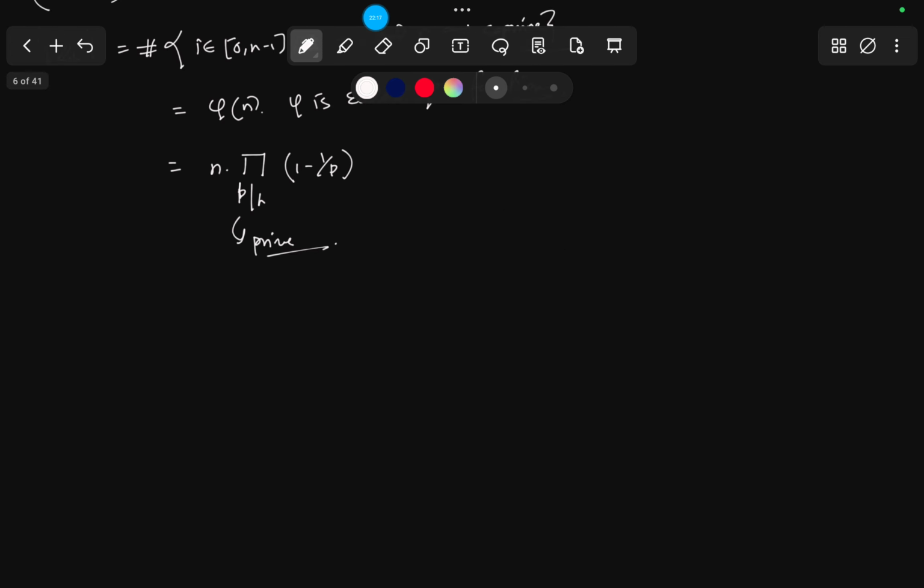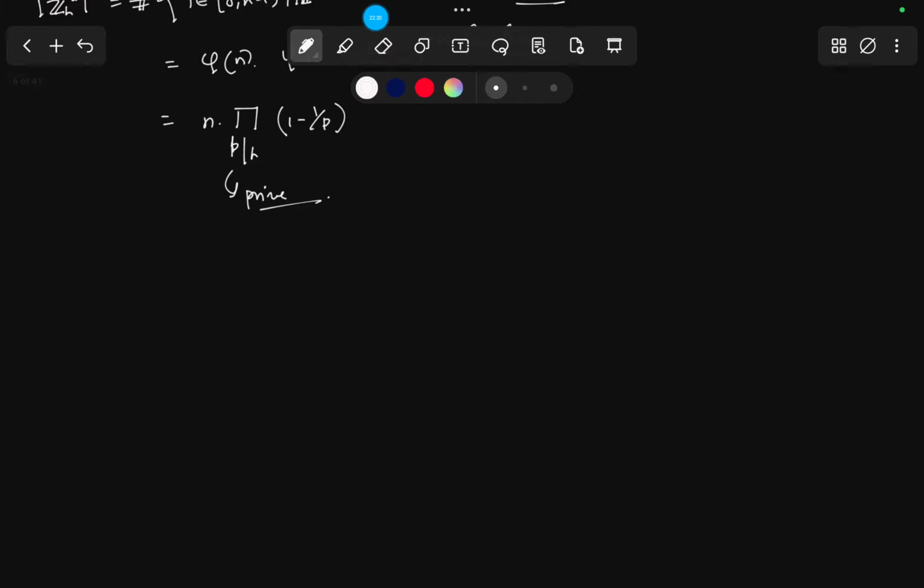For example, let us consider n to be 8. So what is your Zn? It is 0, 1, 2, 3, 4, 5, 6 and 7. But what is your Z8 star? This will just be taking only 1, 3, 5 and 7.